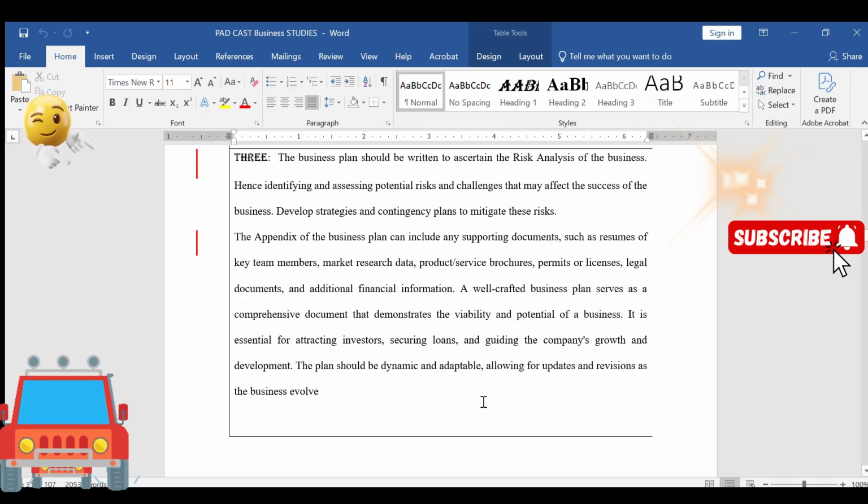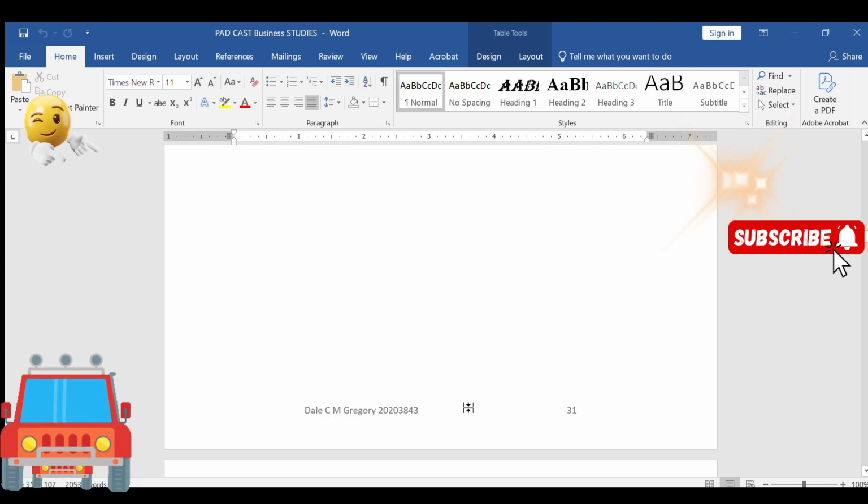It is essential for attracting investors, securing loans, and guiding the company's growth and development. The plan should be dynamic and adaptable, allowing for updates and revisions as the business evolves.